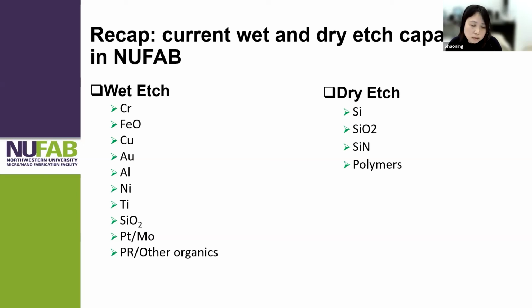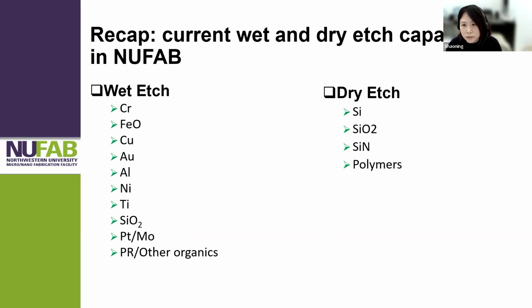Users can also go to the dry etching side. It all depends on your application and the process compatibility. If you have other materials that cannot tolerate either the wet etching or the dry etching, we also can do platinum and moly etching and some other organic removal, which is a cleaning process using a mixture of sulfuric acid and hydrogen peroxide.